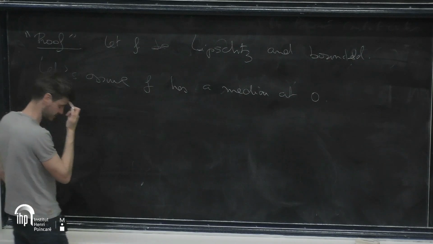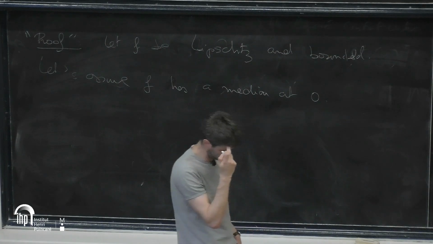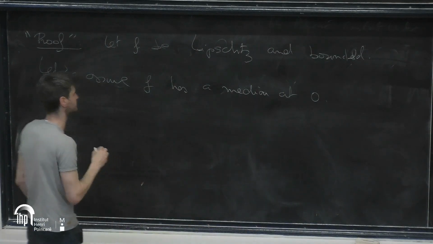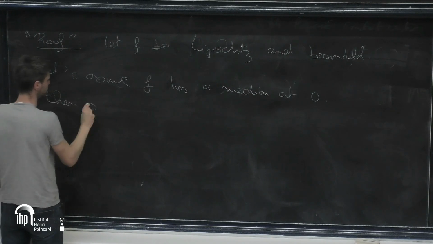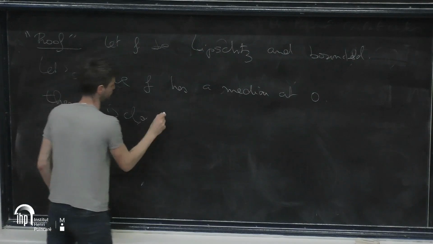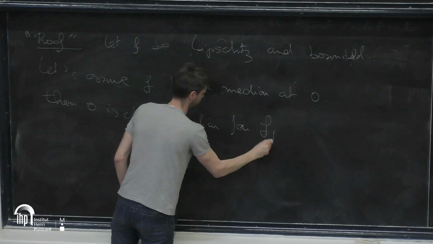Now the trick is to apply Cheeger not to f, but to the positive part of f squared. Then 0 is also a median for f plus squared.